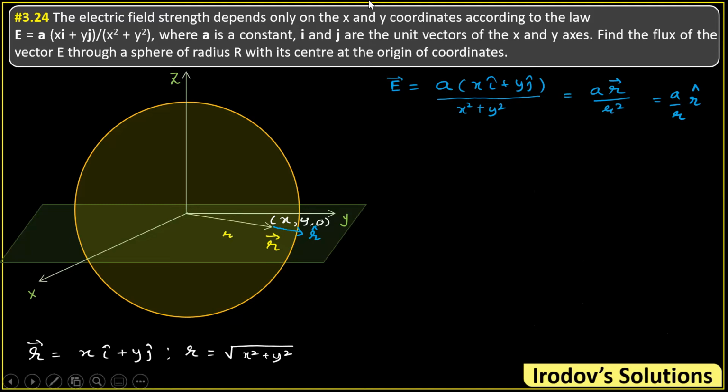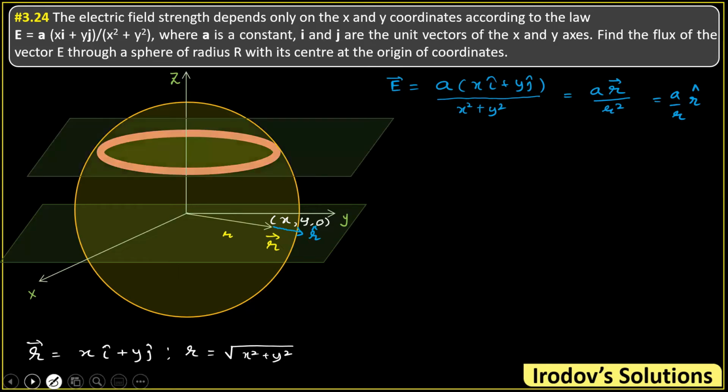Now having noted this, let's come to a general point, and let's split this sphere into many rings. Like I can take a ring at an angular position theta to theta plus d theta. Here I have taken this angular position theta from the r vector, and the width of this is d theta.